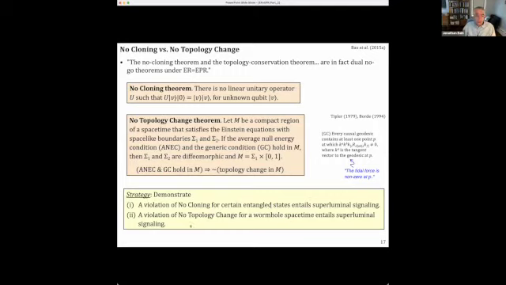And then they show, similarly, that a violation of no topology change for a wormhole spacetime entails superluminal signaling. Right? So that's supposed to be the connection between these two no-go theorems, one associated with entanglement, the other associated with wormholes. So let's consider these two claims in the yellow box at the bottom here.